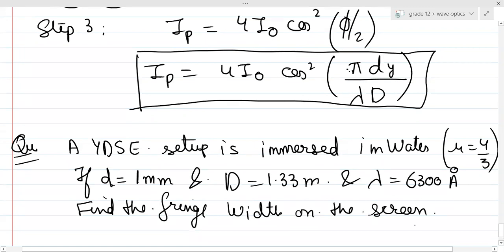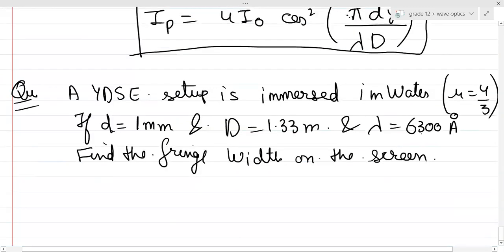So the incident light wavelength is 6300 angstrom. As soon as it comes into water, its wavelength will change and lambda will become lambda by mu.